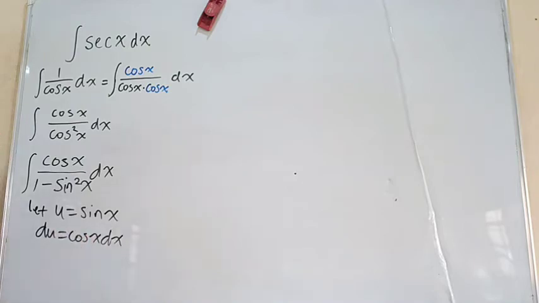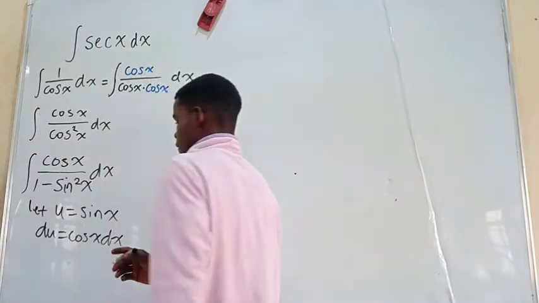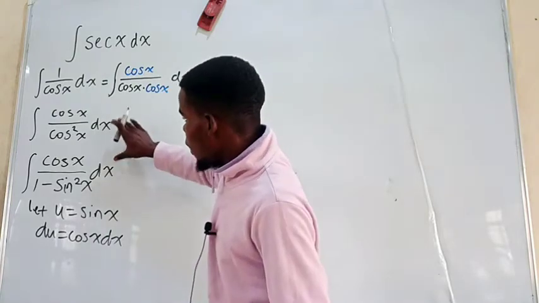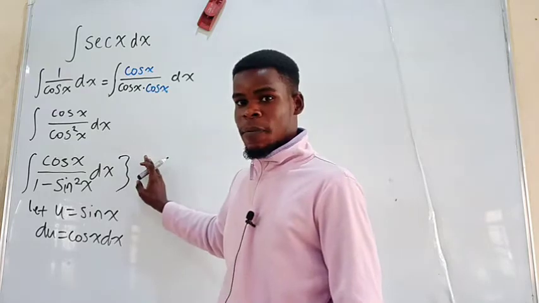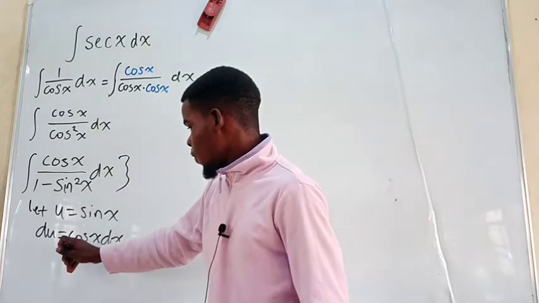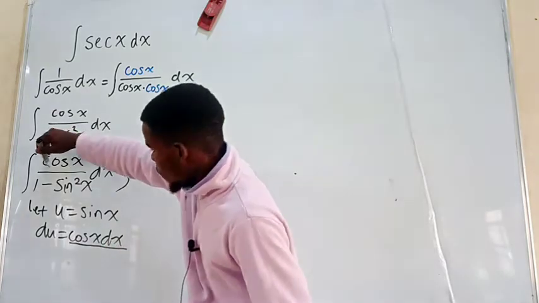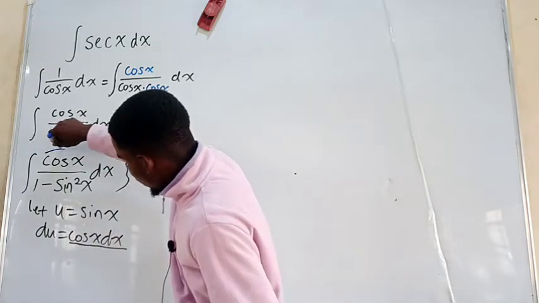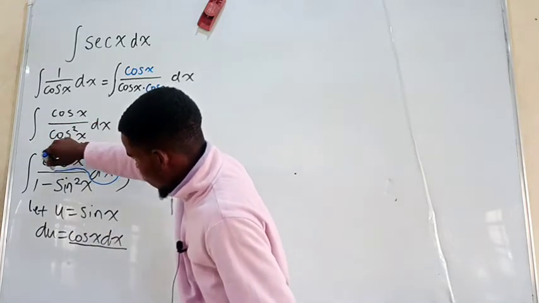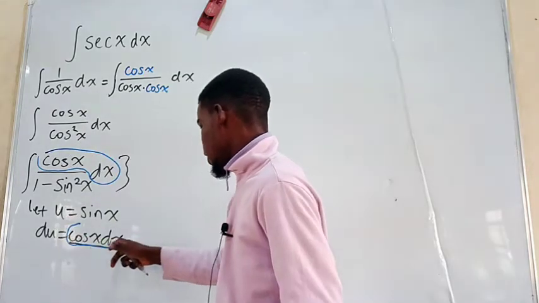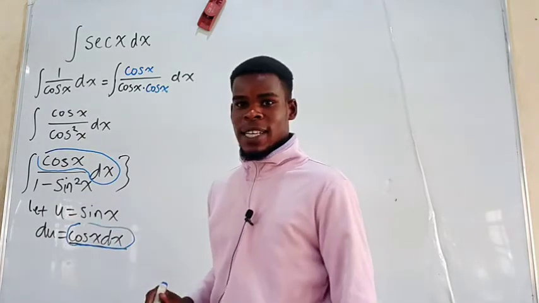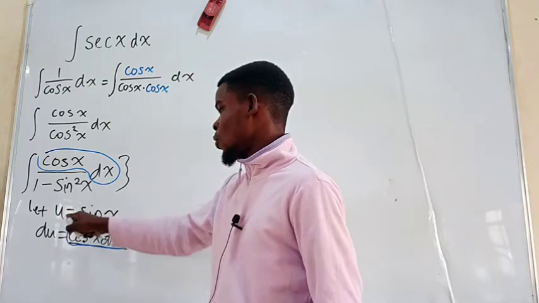So this right here, cosine of x dx, I can replace with du, because they are just the same thing when u is equal to sine of x.